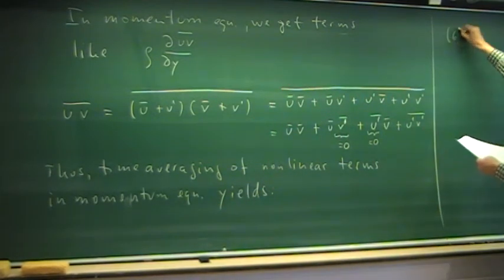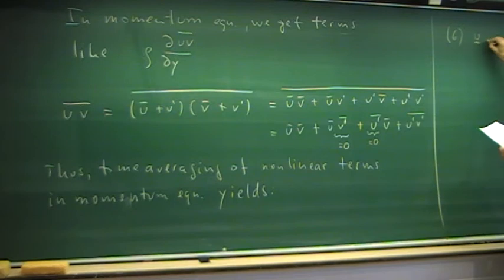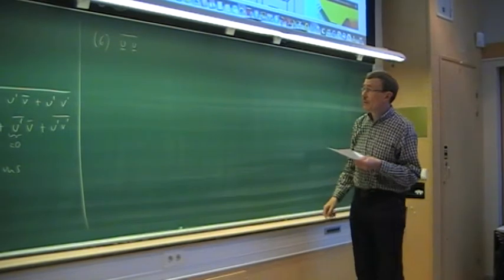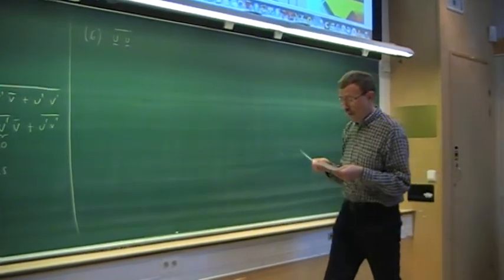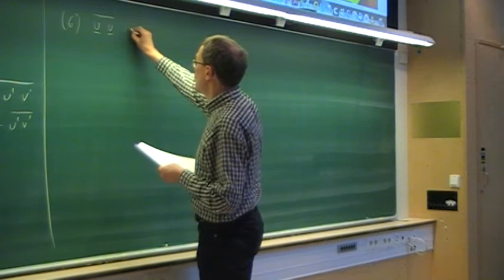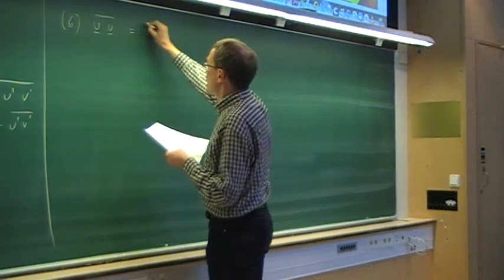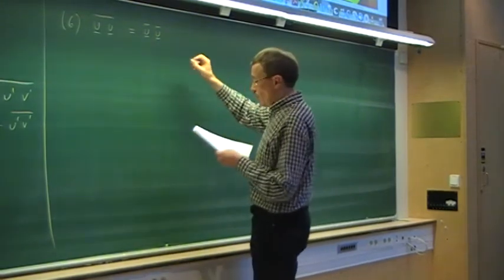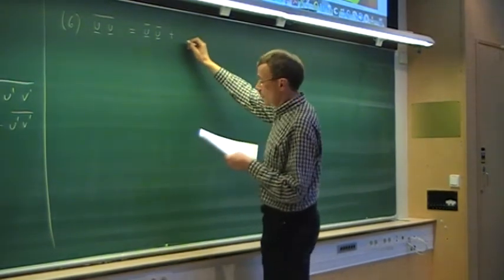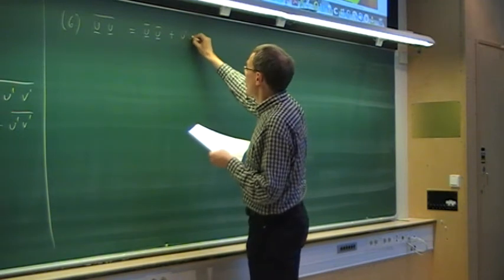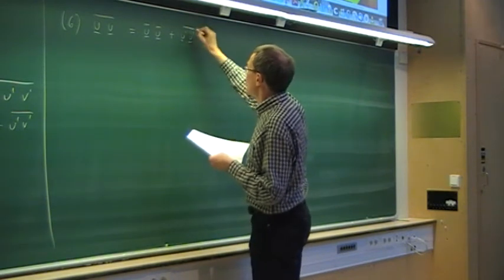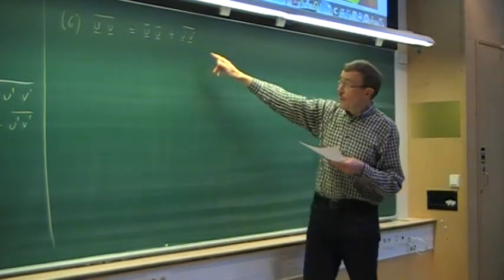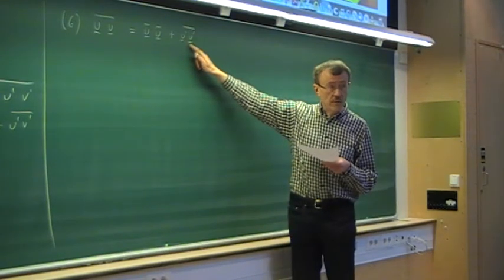If we take u now as a vector, so that is now a tensor, and if we average that, then similar to what we derived here, we get the tensor with the means, but we also get a contribution from the mean of the product of the fluctuations. And the term that we get here, that is the term that we have to model.